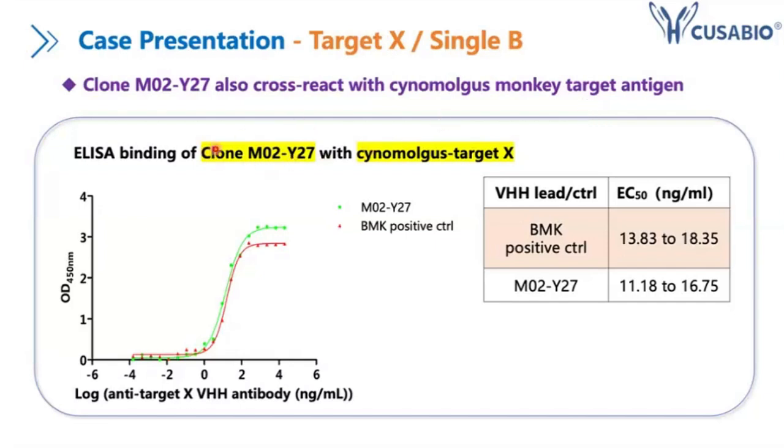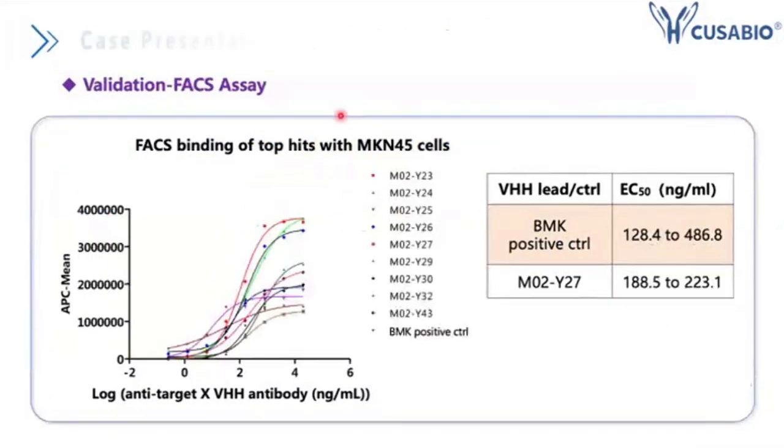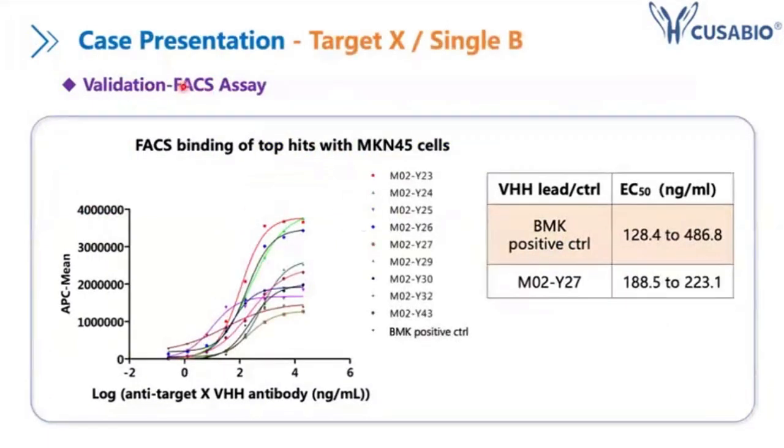This is the ELISA binding experiment between Y27 and the cynomolgus target X, and you see that we have the control, and the EC50 was comparable to the control. This one also has very good performance in the phage assay validation. This is the phage result.